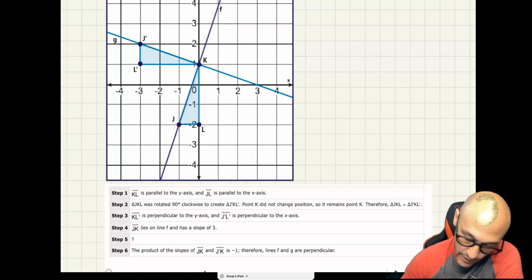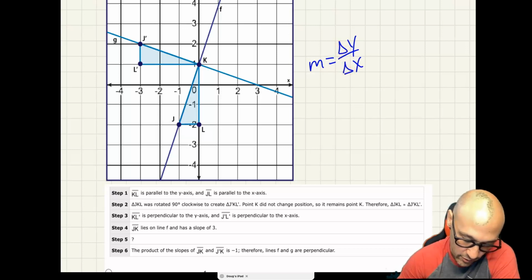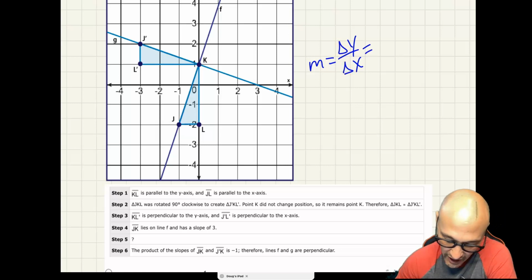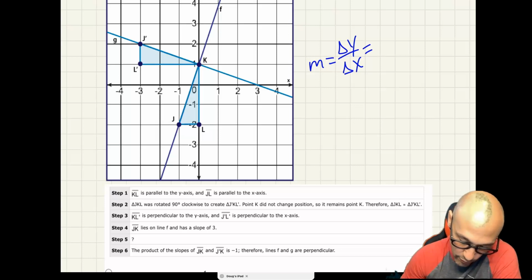And remember, slope is equal to change in y over change in x. And this is read delta y over delta x. Those are Greek letters. They just mean change. Delta means change. And it says that it's 3, which is 3 over 1.